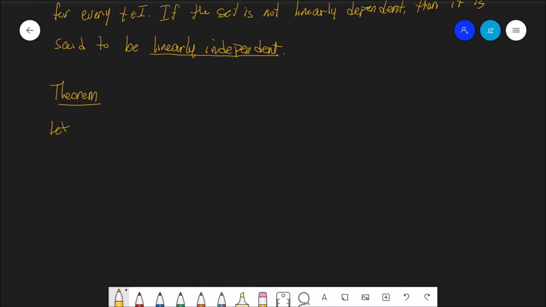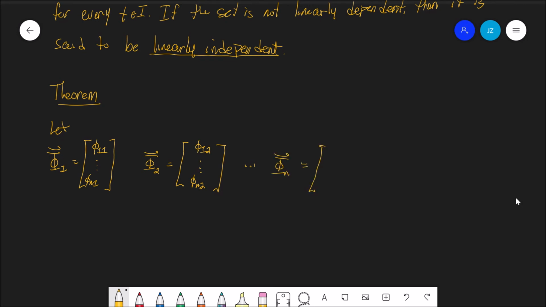So we let Phi1 be the vector Phi11 down to Phi n1, then Phi2 will be Phi12 down to Phi n2, and finally Phi n will be the vector Phi1n down to Phi nn.